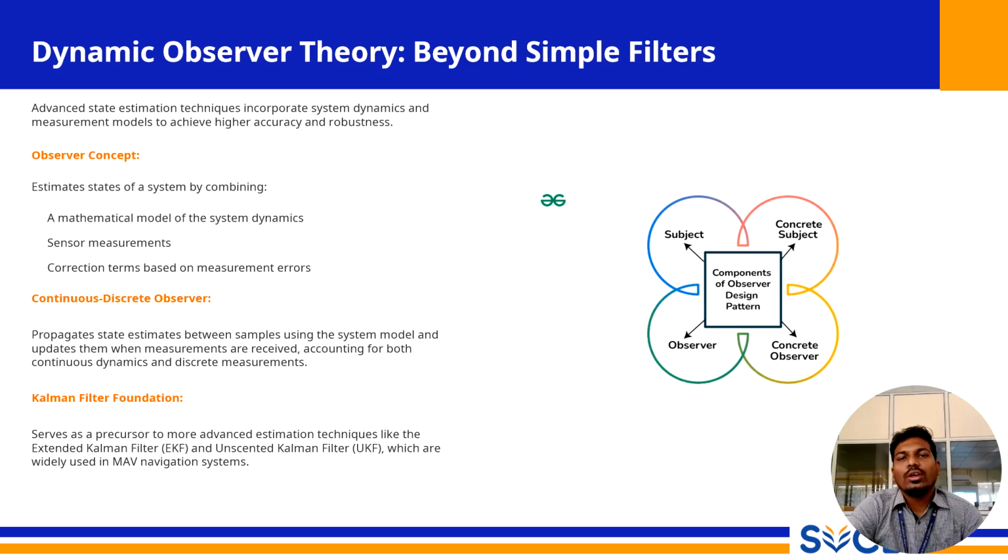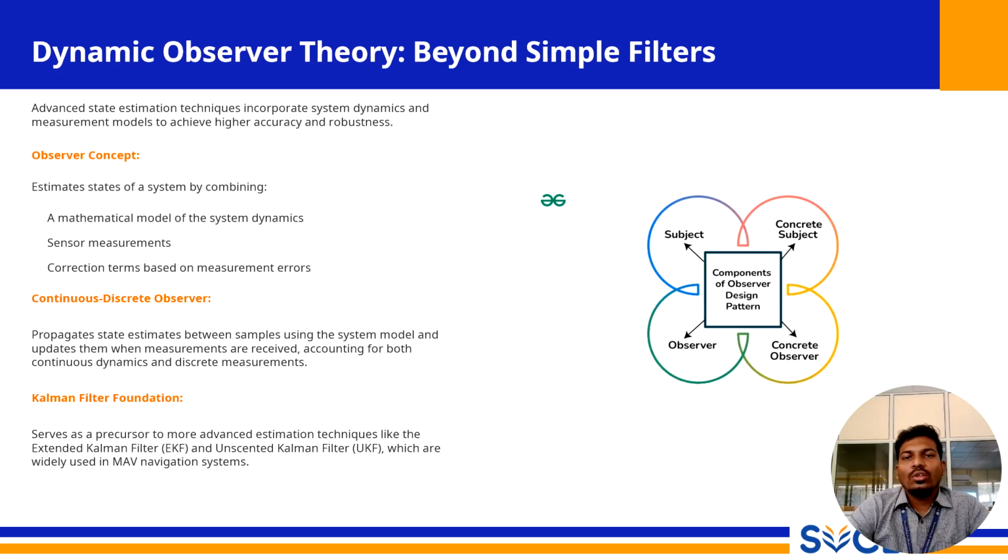The key difference is that these advanced methods have knowledge of the MAV's physics. They don't just look at the sensor signal, they look at it in the context of how the drone is expected to behave. The core of this approach is the observer concept. An observer estimates the state of a system by combining these essential pieces of information.